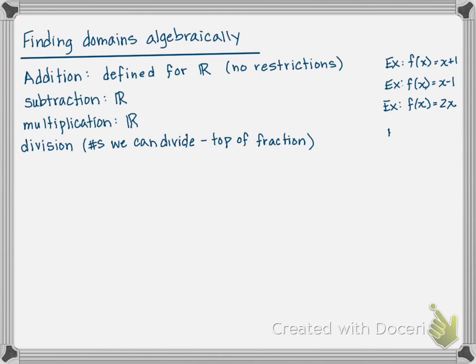So for example, f of x equals x divided by 4. My input is being divided by the number 4 as opposed to dividing by my input. Are there any numbers that I can't divide by the number 4? So can I divide a negative by 4? Can I divide a positive by 4? Can I divide 0 by 4?